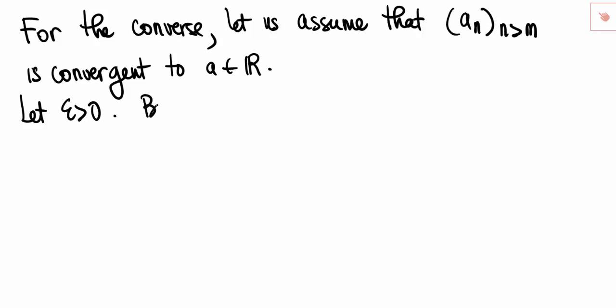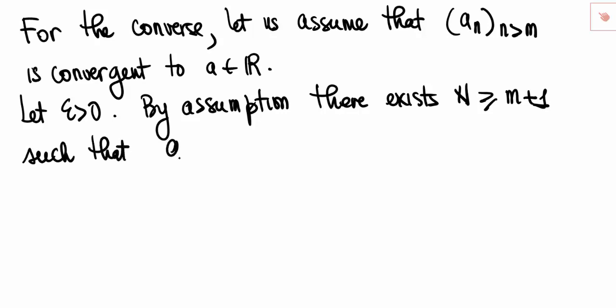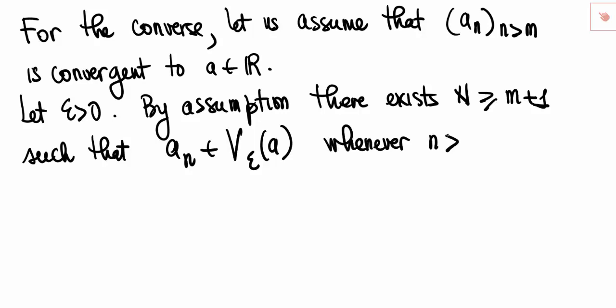By assumption, there exists some natural number N, which is going to be greater or equal to M plus 1, such that a_n is in an epsilon neighborhood of a whenever little n is larger than N.